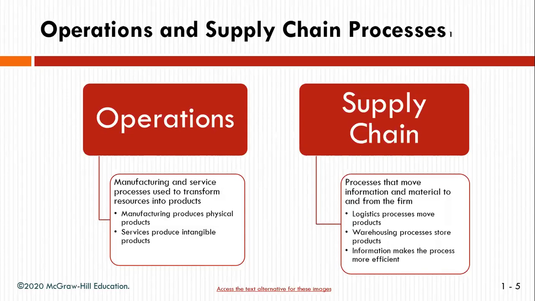So you get the products, and we move them within the organization, within its manufacturing, or between one supplier and another customer or supplier. And the second part is warehousing and the procedures of warehousing, and information makes the process efficient.